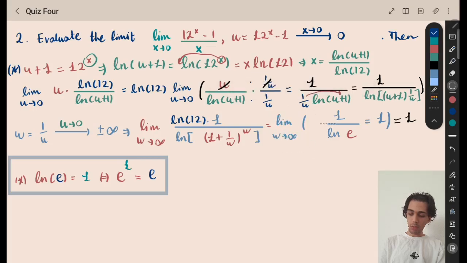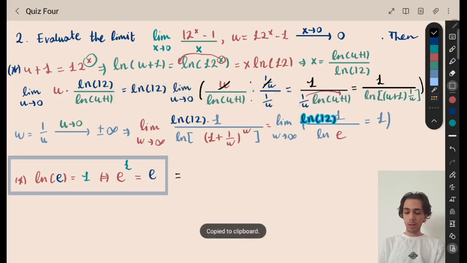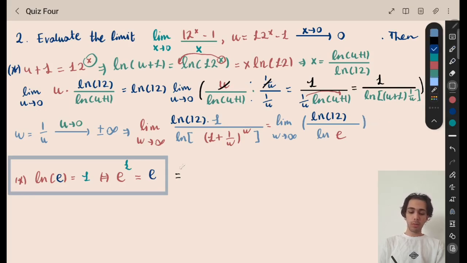And by doing this, you will actually get that this limit is not equal to 1. It will be equal to ln of 12, because it's 1 times ln of 12. And that is the trick behind the question.